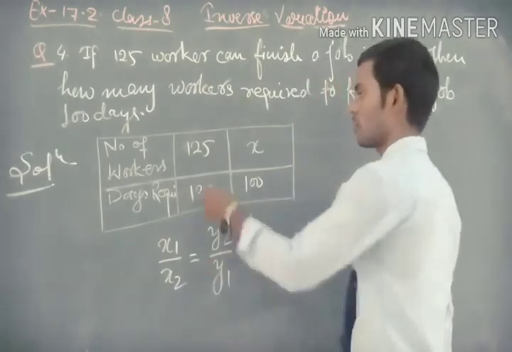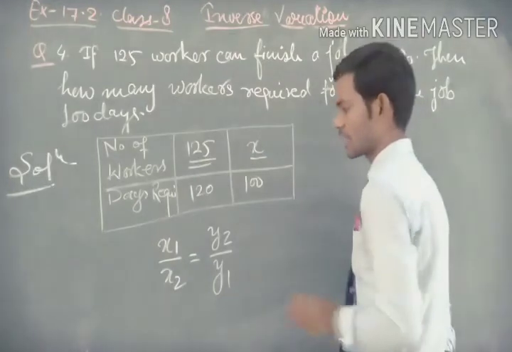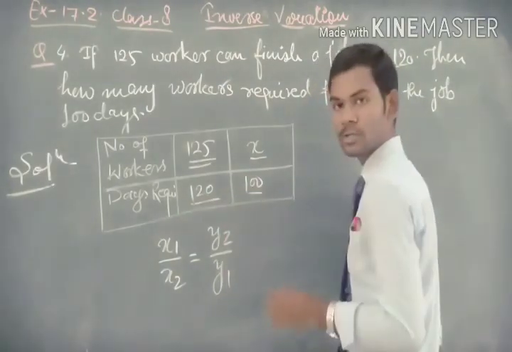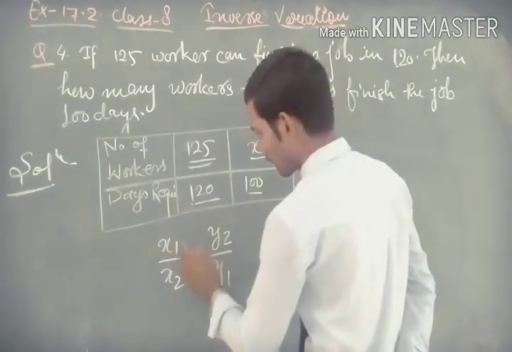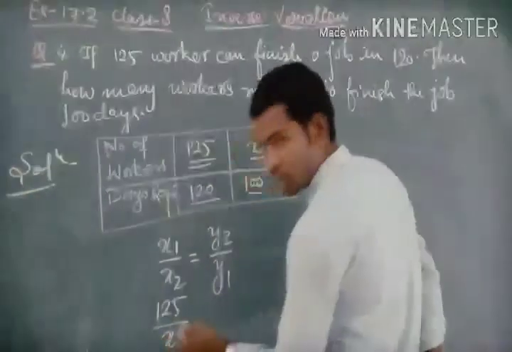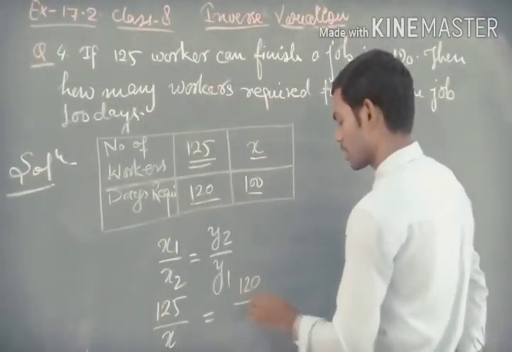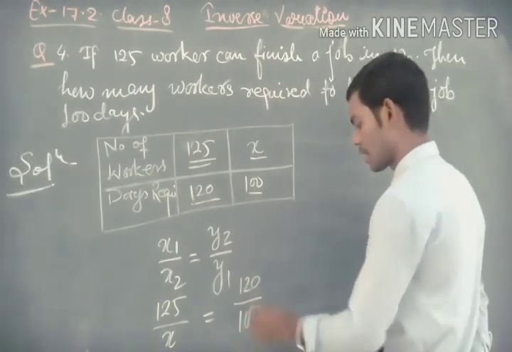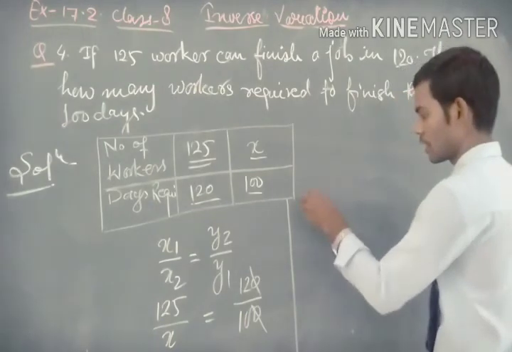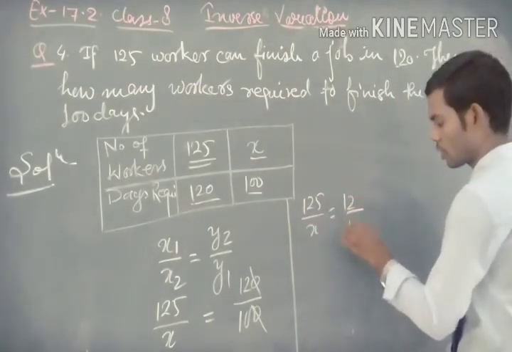So here the value of x1 is 125, and the value of x2 is x. Similarly, this is the y1 and this is the y2. So just put the values here. The value of x1 is 125, and this will be only x, and this will equal 120 upon 100, and 10 has been cancelled out here, and we get 125 upon x is equal to 12 upon 10.